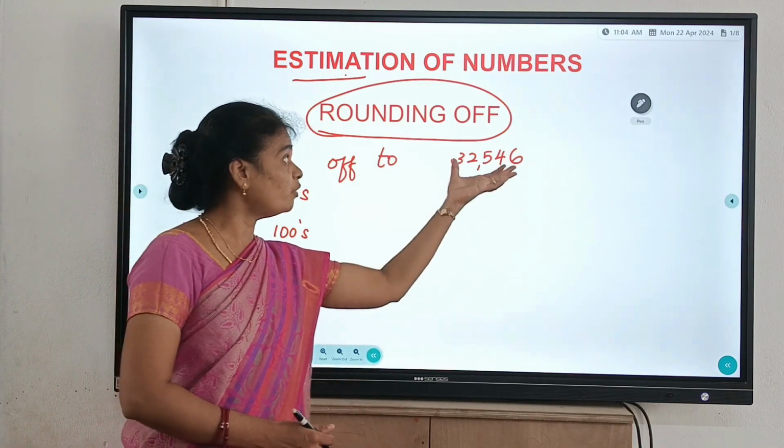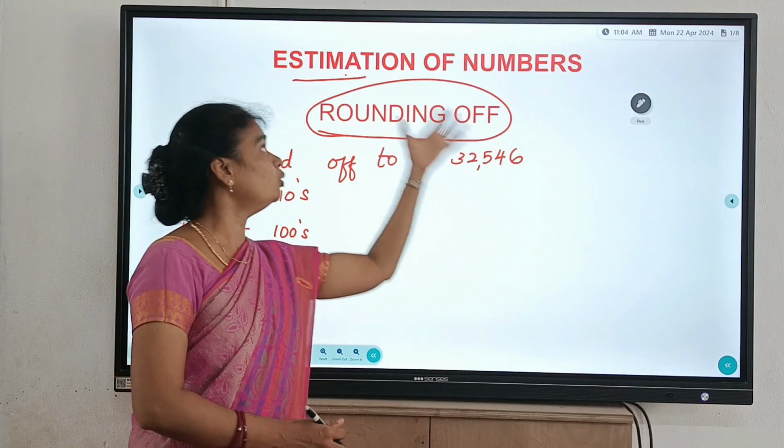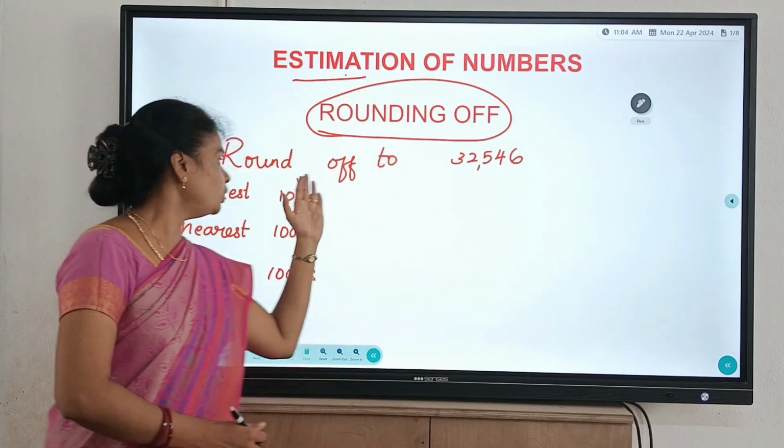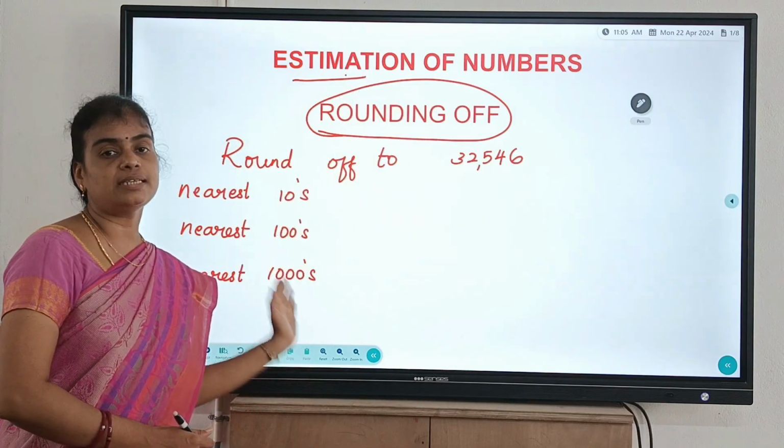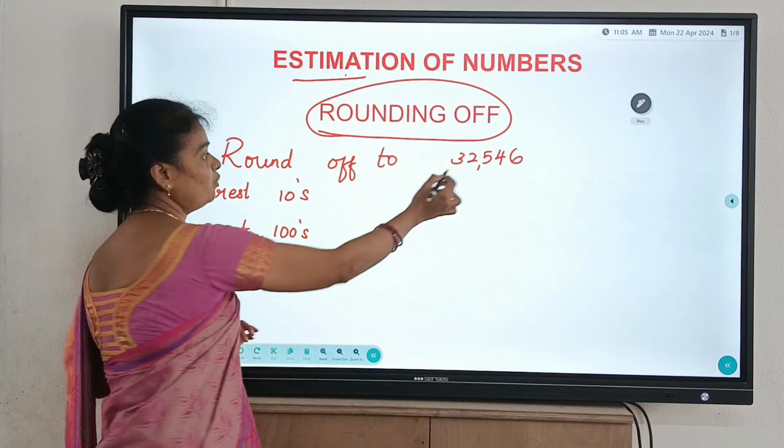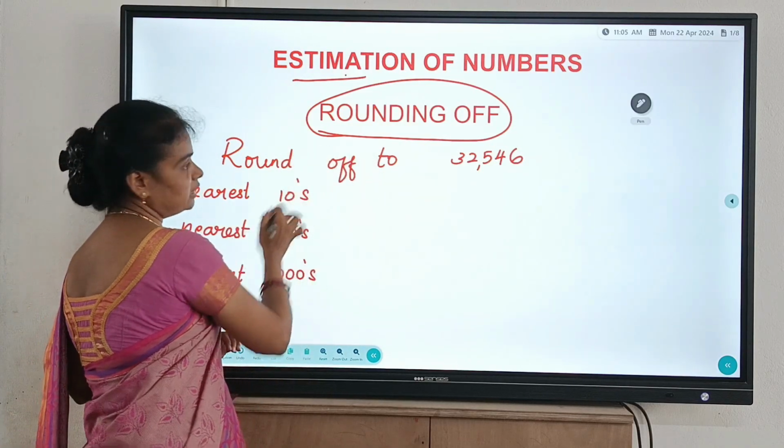So in order to find the value, we are estimating this number to the nearest tens, nearest hundreds, and nearest thousands. How do we round off this number to the nearest tens?